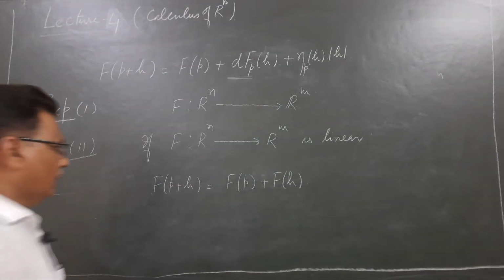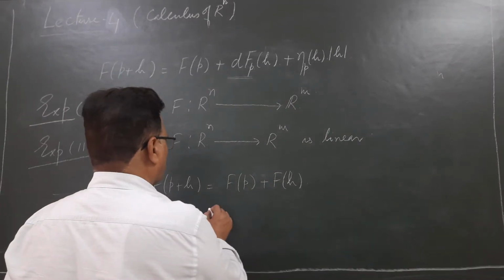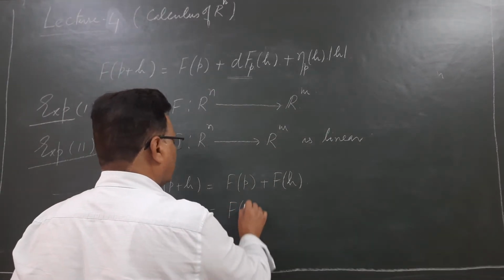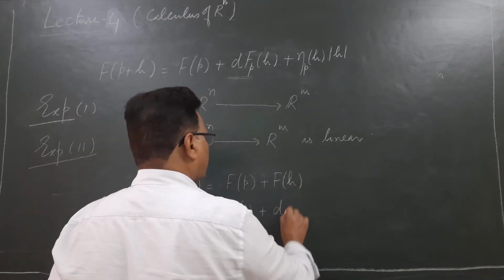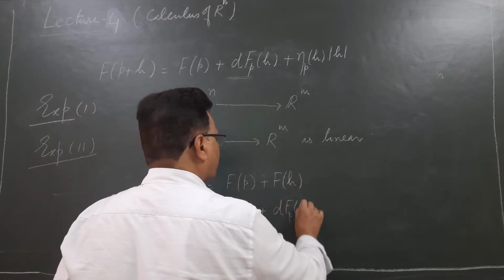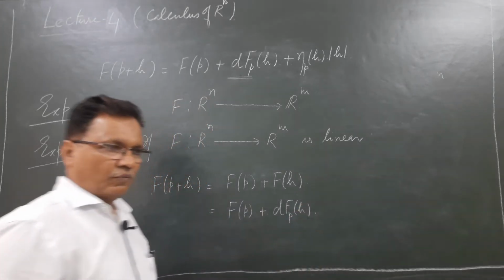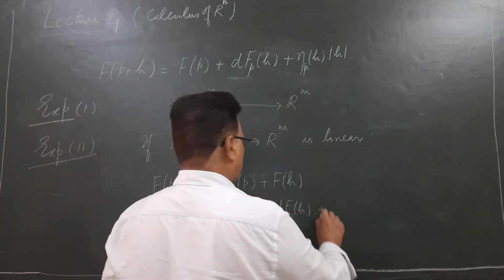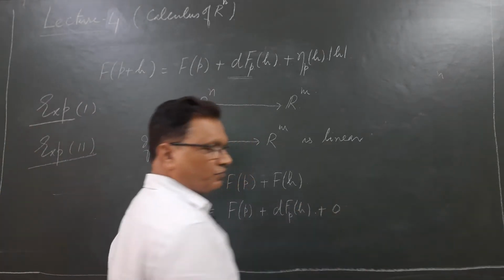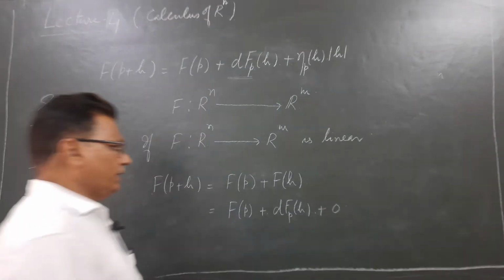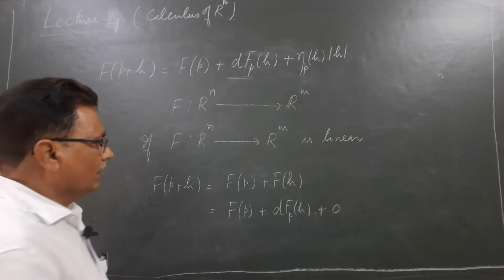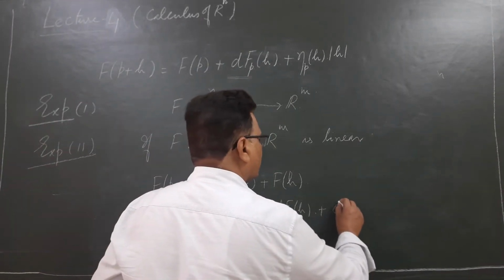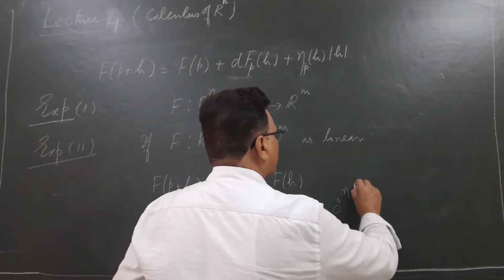So, this I can write as f of p, and this fellow will be df p h. And plus nothing is there, so this is 0. That means the difference between the nonlinear and the linear change is 0. So, this fellow is eta p, and eta p is 0.